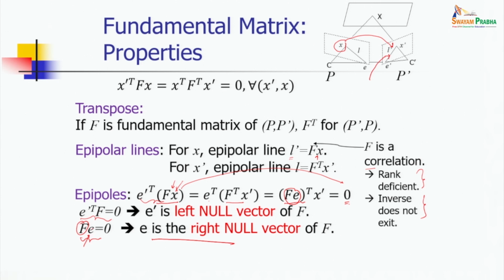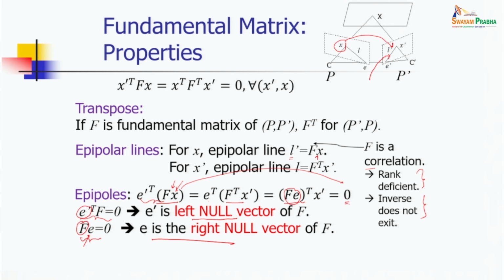E is a 3 cross 1 column vector. So it's a right null vector of F, whereas E prime is the left null vector of F. So from the fundamental matrix itself, we can always derive its null vectors. We will see some examples of how we can do it, and those null vectors itself can give you the epipoles.